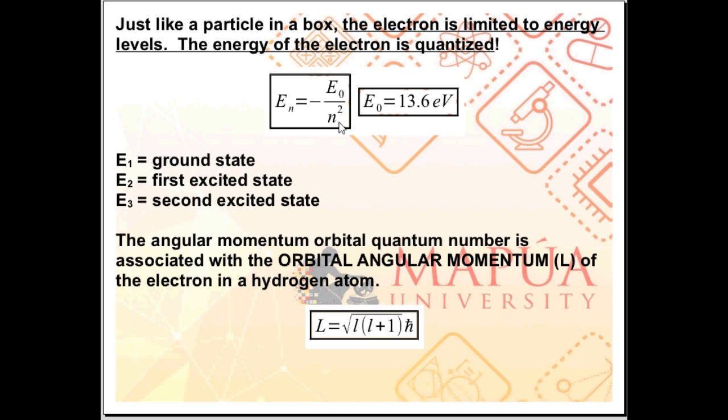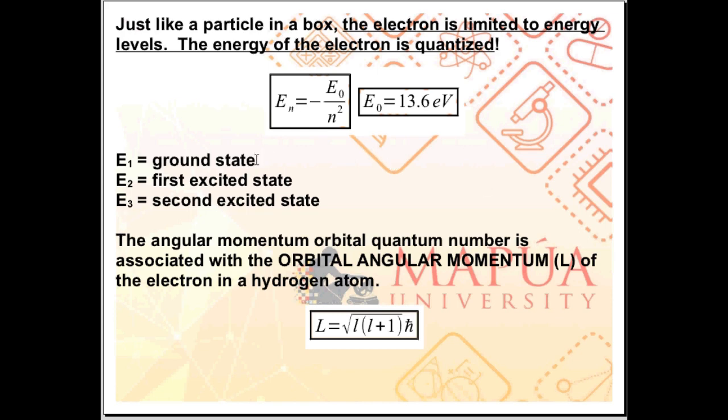Just like a particle in a box, the electron is limited to these values of the energy. E naught is equal to 13.6 electron volts. So E1 is negative 13.6 electron volts over 1 squared. E2 is negative 13.6 electron volts over 2 squared, and so on.